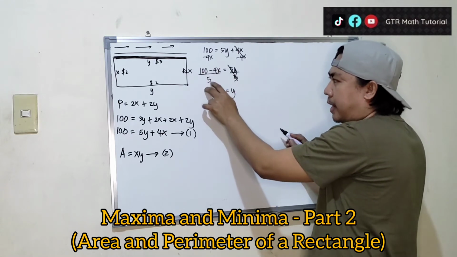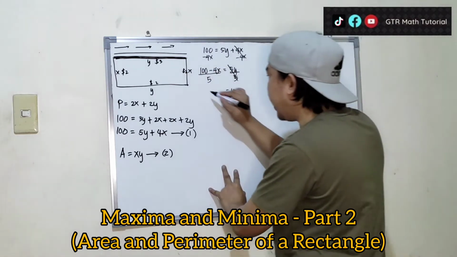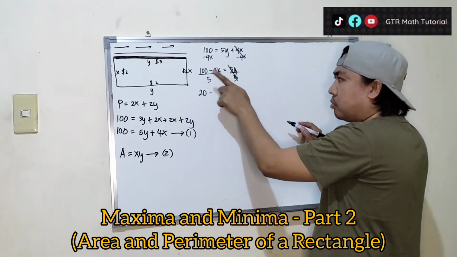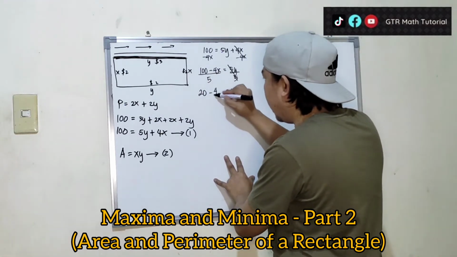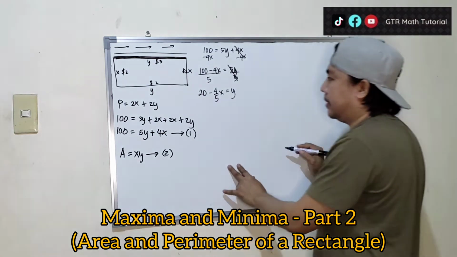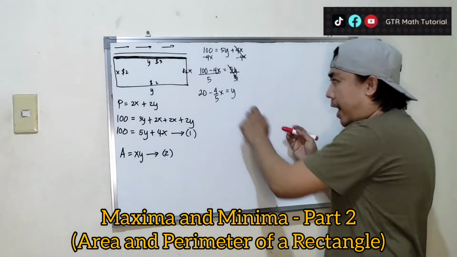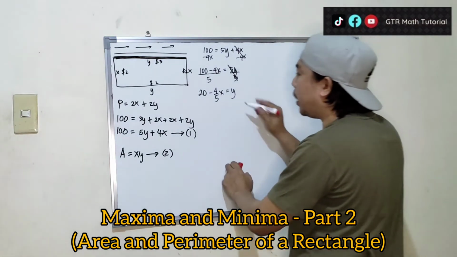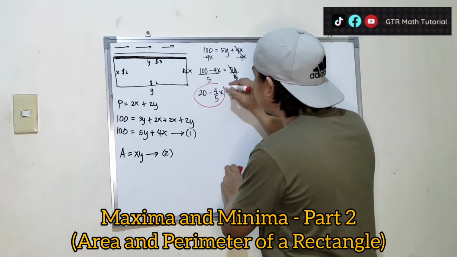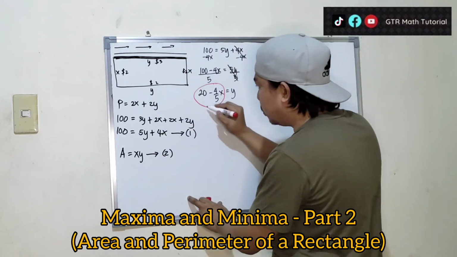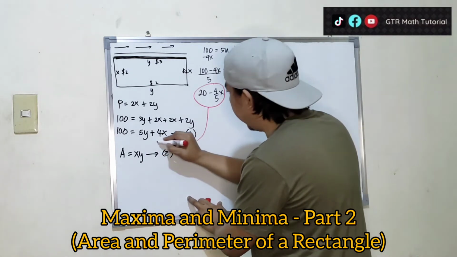So 100 divided by 5 is 20, minus 4 divided by 5, that is 4 over 5 x. Now substitute the value of y, which is 20 minus 4/5 x, in equation number 2 to maximize the area.